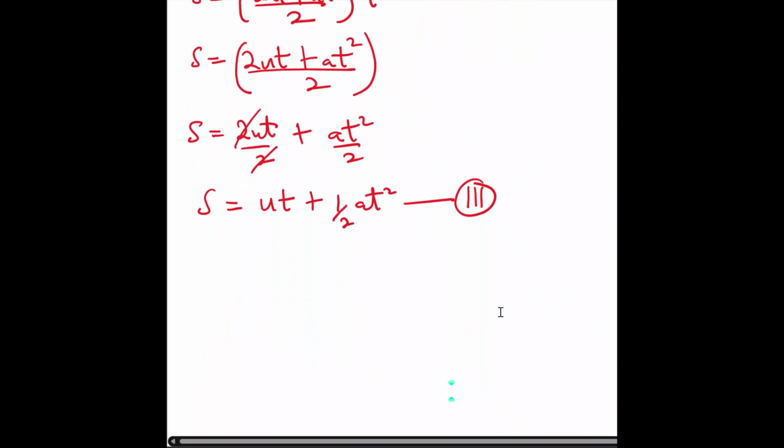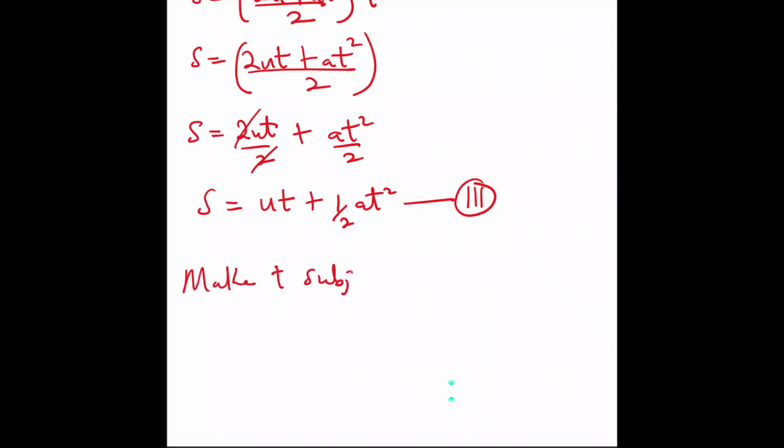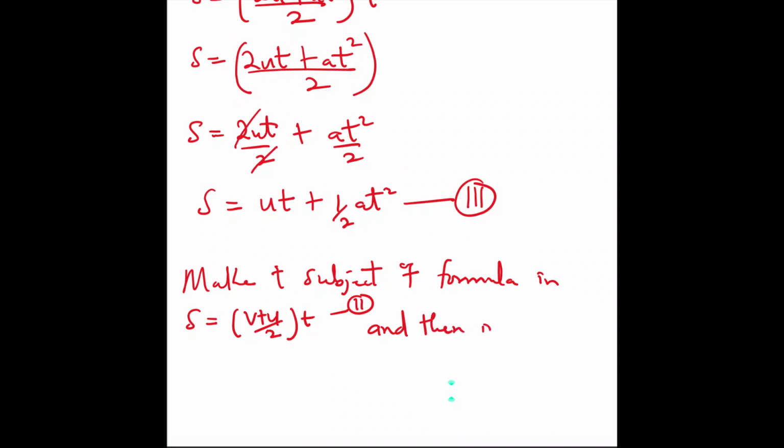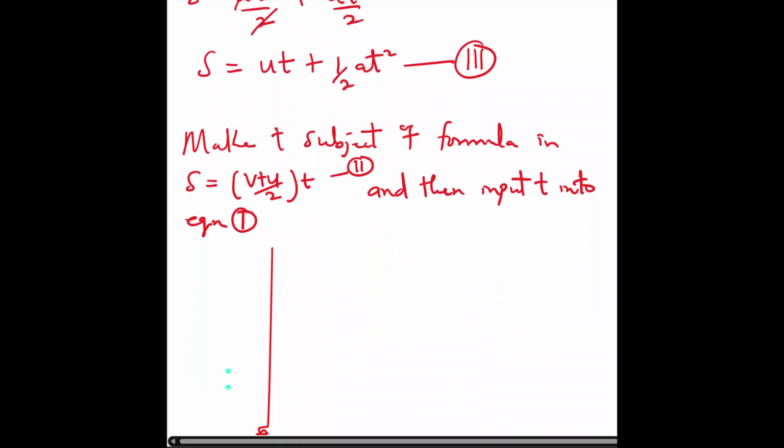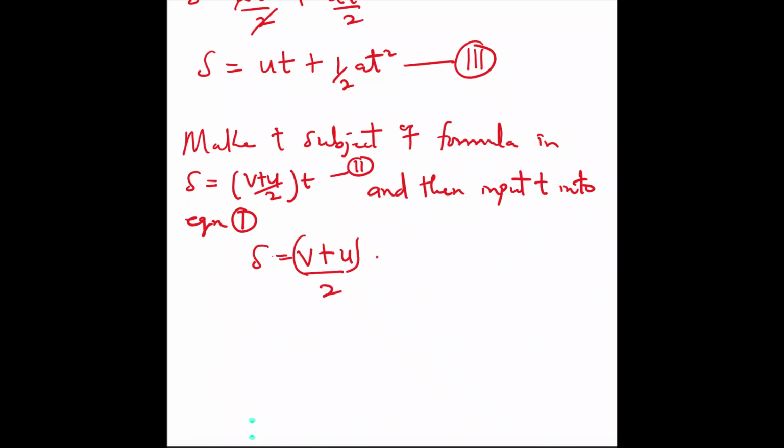Now that we've gotten the third equation, from equation 2, which is S equals V plus U over 2 times T, we are going to make T the subject of the formula, and then input the T into equation 1. So we have S equals V plus U over 2 times T. Let's cross multiply.